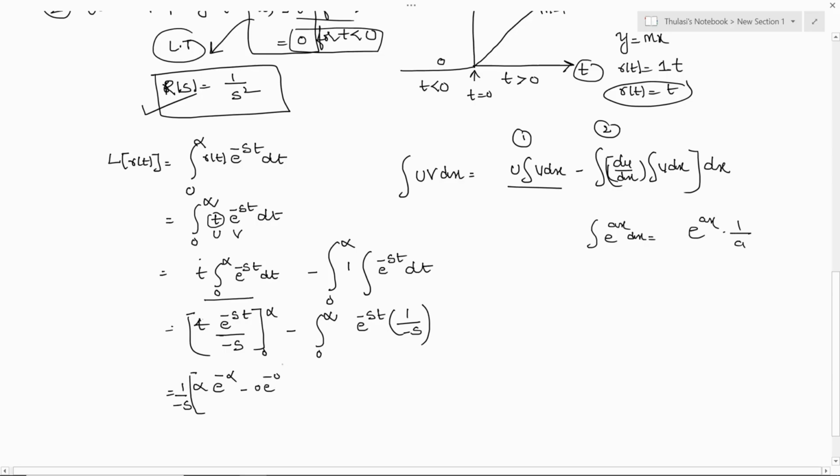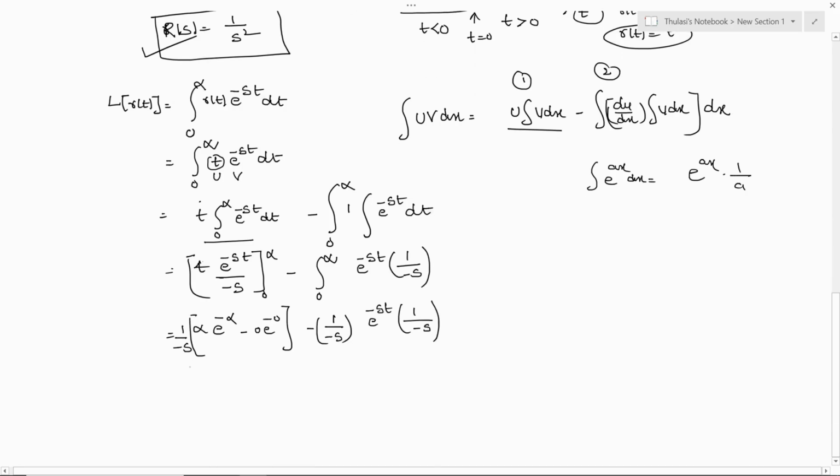minus of, again the integration we have to do, which has a common term minus 1 by s, and the integral of this term is e to the power minus st multiplied with 1 by a, so e to the power ax times 1 by a. Here it is nothing but minus 1 by s.